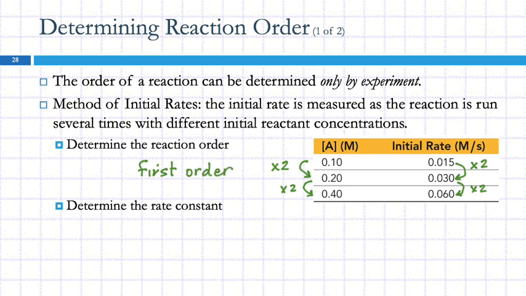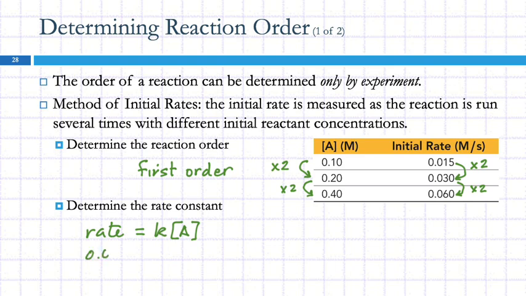And then it says determine the rate constant. Well, what's the rate law for a first order reaction? Rate equals k times the concentration of A. So we could pick any of these 3 reaction experiments or trials. Here's our concentration, there's our rate.